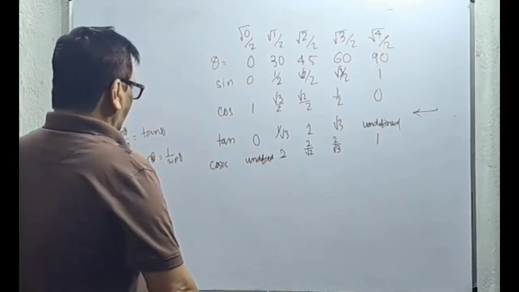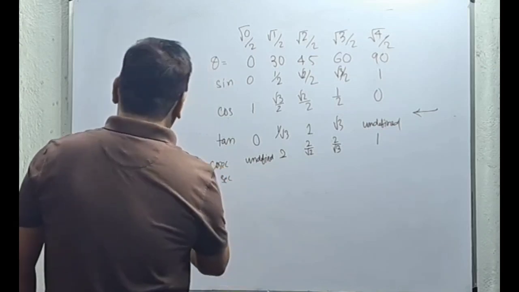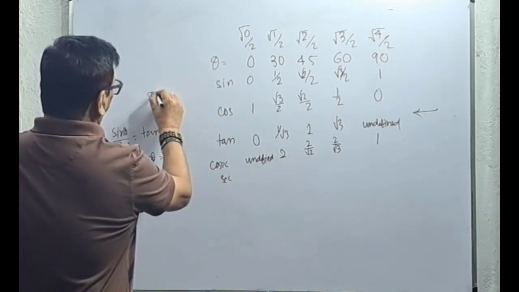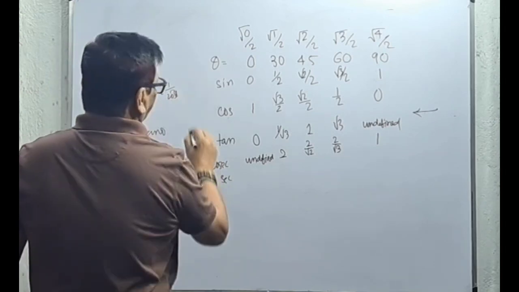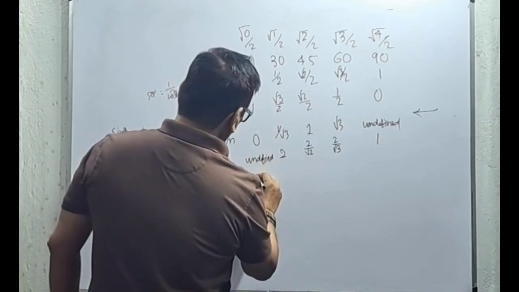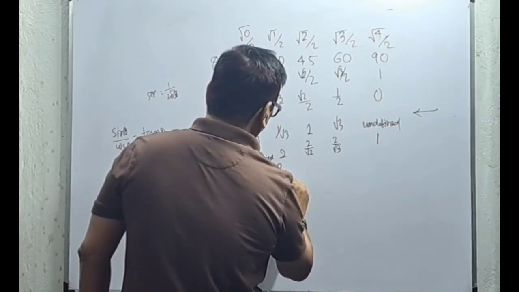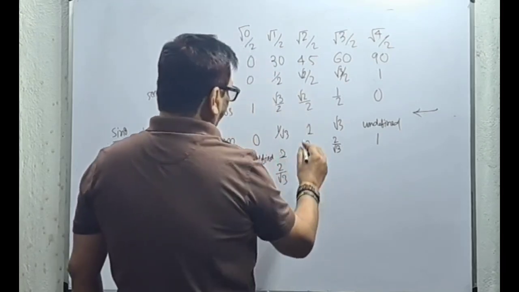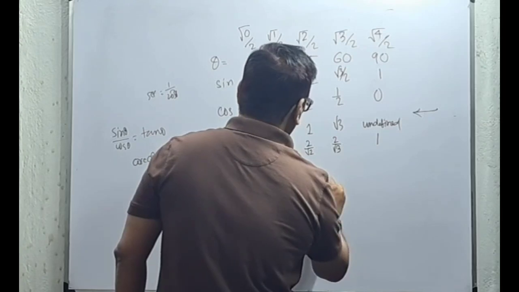Correct. Now we come to sec. Sec theta is 1 by cos theta. Correct. So we reciprocate all of cos. So this is 1. This will be 2 by root 3. This will be 2 by root 2.